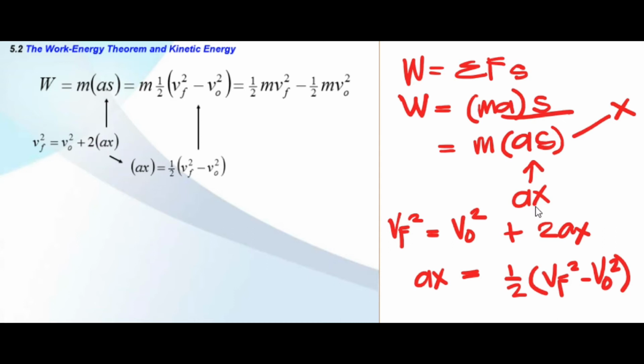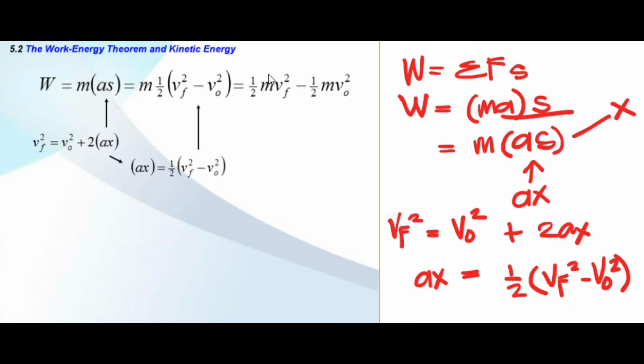So we can now substitute ax to this term. If we substitute this value of ax, you will have m times 1/2 times Vf squared minus V sub 0 squared. By distributing 1/2 m, we'll have 1/2 m Vf squared minus 1/2 m V sub 0 squared. But remember that 1/2 mv squared is your kinetic energy.